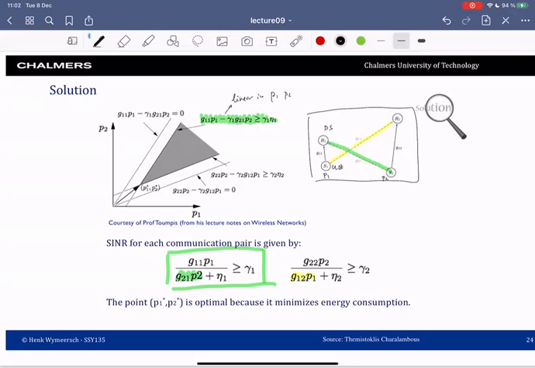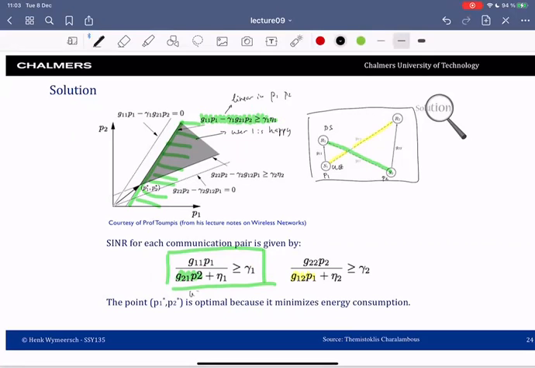So any powers that satisfy this expression are good from the point of view of the first user. What I'm plotting here are the different powers, P1 and P2. In order to satisfy this expression, this determines a region. Anywhere on this side of the region, user 1 is happy, because you've met the SINR constraint for user 1.